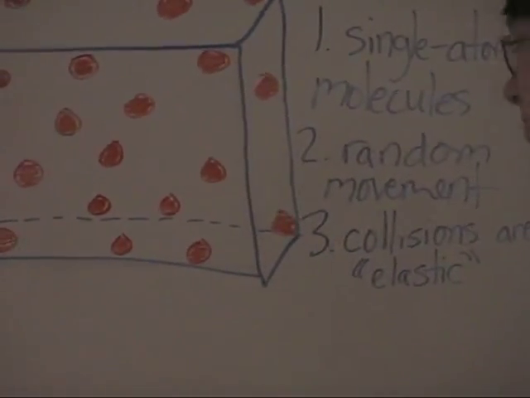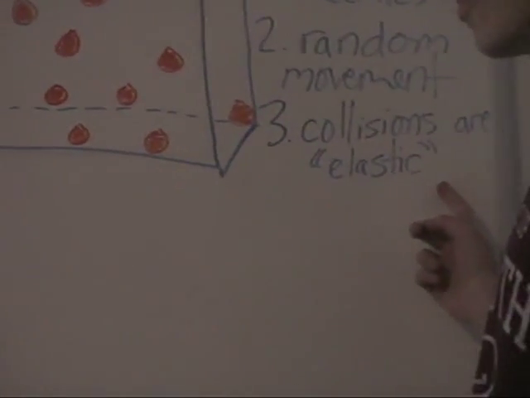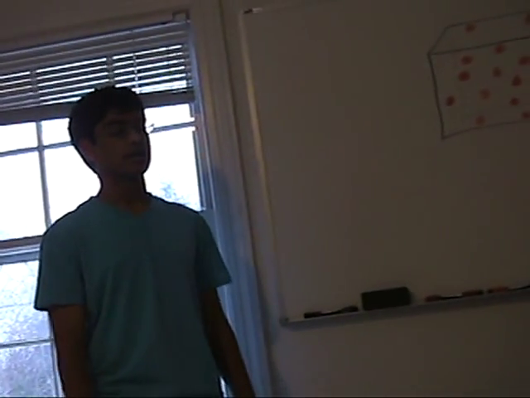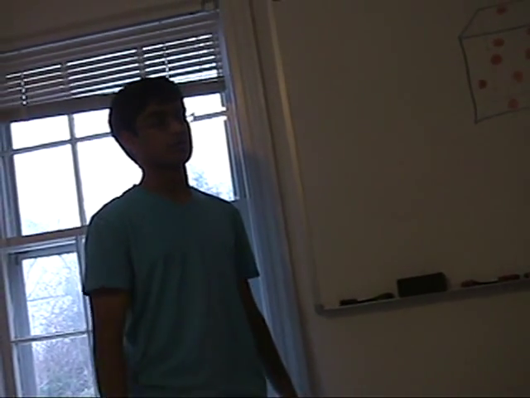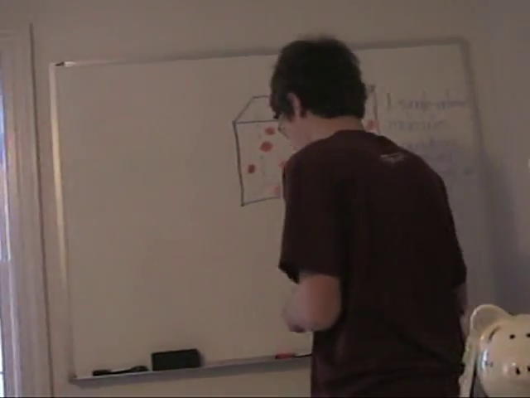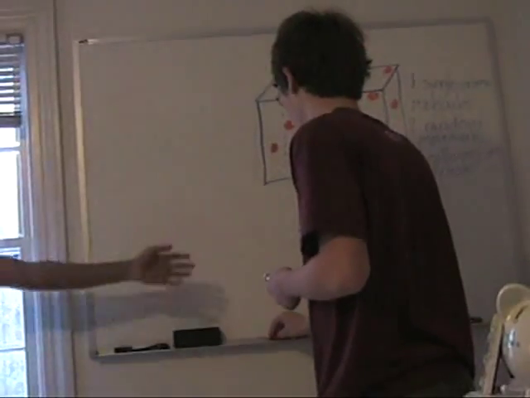The third, the collisions are elastic, which means that when the molecules collide with each other, they do not lose any energy. Okay, and there are laws that have been developed describing ideal gases. So, Michael, please elaborate.